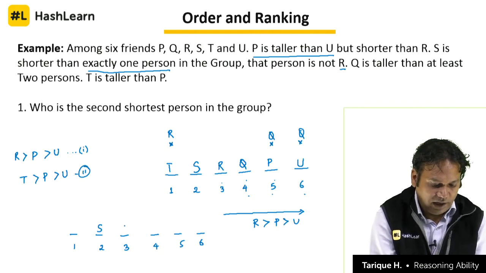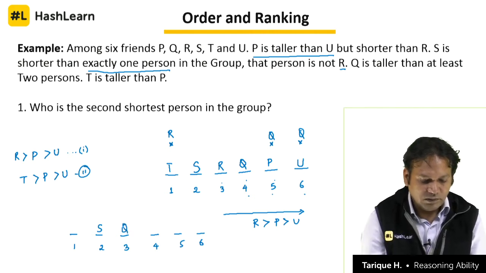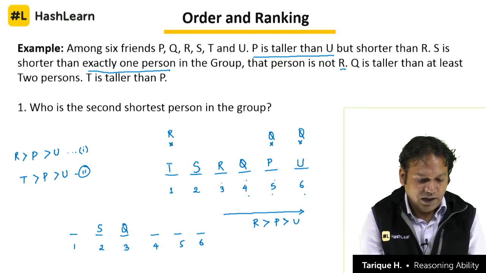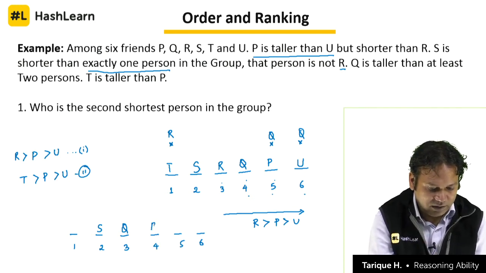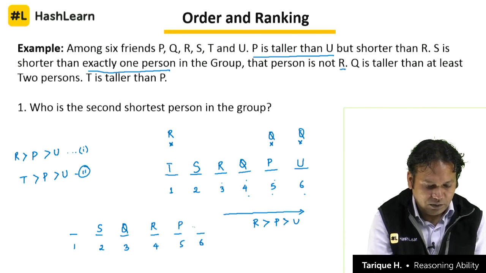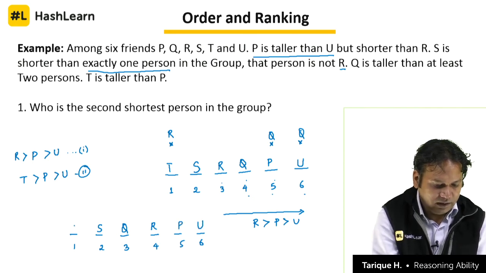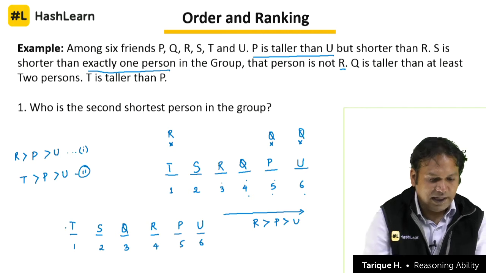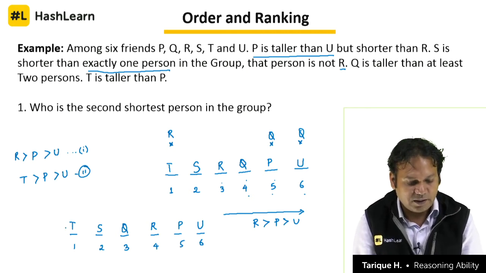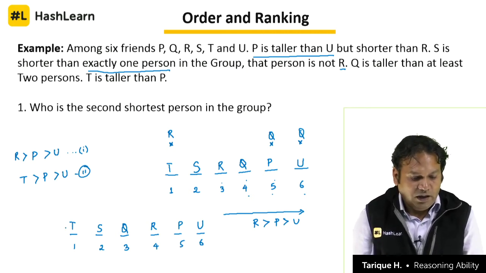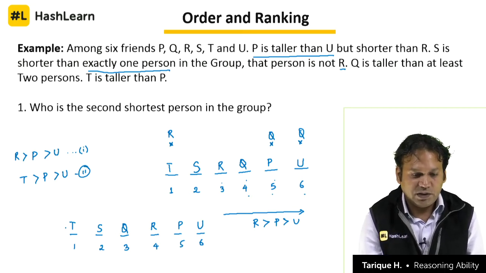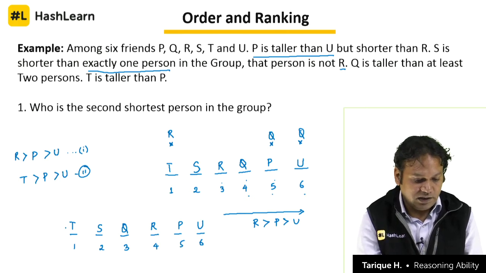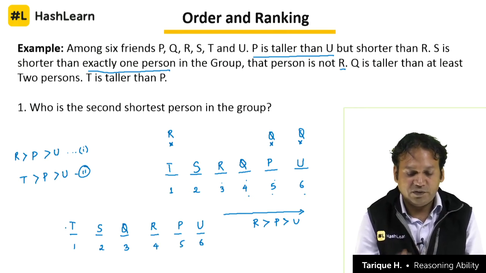So if I put Q in the third position, then we put R here, P here and U here, that is also possible. In this case also T can be in the first position. So there are two cases which are already there in this particular situation. Both are ascertaining to whatever is there in front of us.